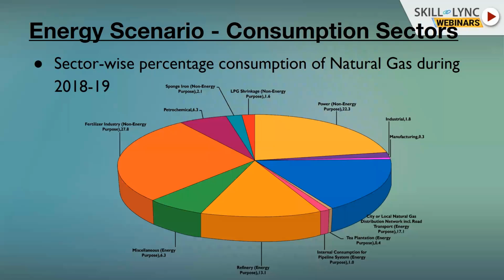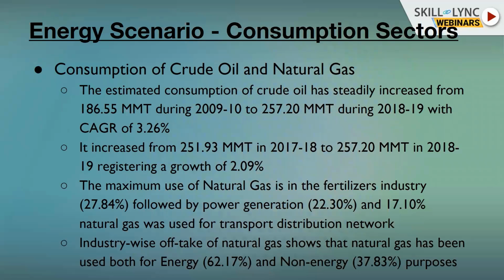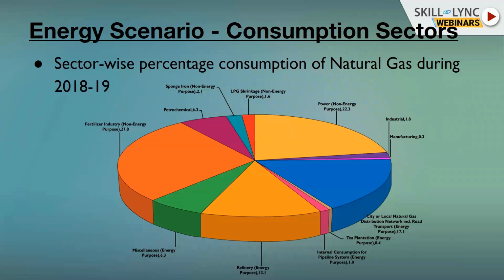And you can see here that the fertilizer industry is very high. It is shown in orange color, and apart from the fertilizer industry, we are using this natural gas in refineries also, and apart from that we are using, that is in a previous slide. Okay, so you know it, that is 22.30%. So here in the power sector we are using 22.3%, and in LPG, so we are all using gas cylinders for our household purposes, that is for cooking purposes.